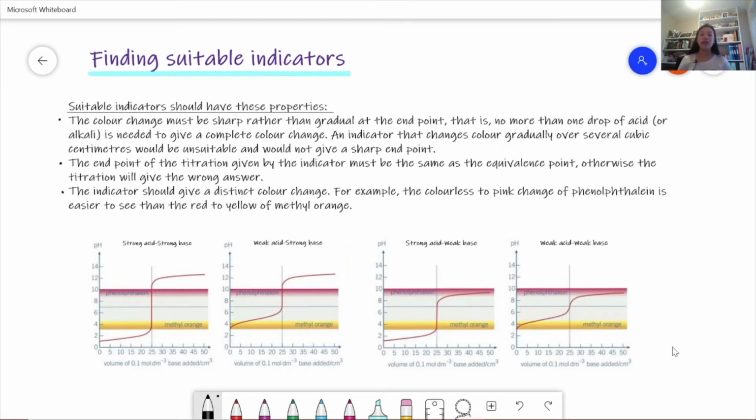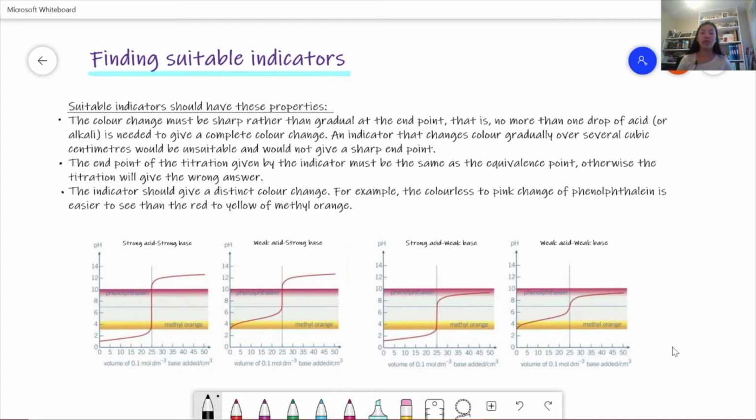So now looking back at the 4 curves that we have, starting with the first one where we have a strong acid and a strong base, you can see that both of these indicators are suitable because they both change colour where the sharp increase in pH is, so where the equivalence point is, at 25 centimetres cubed.